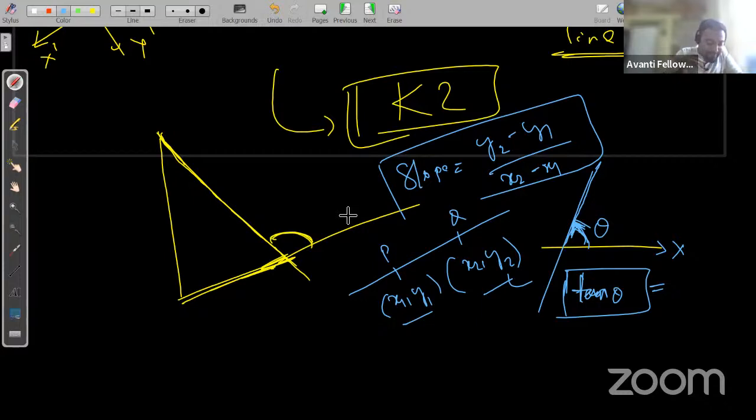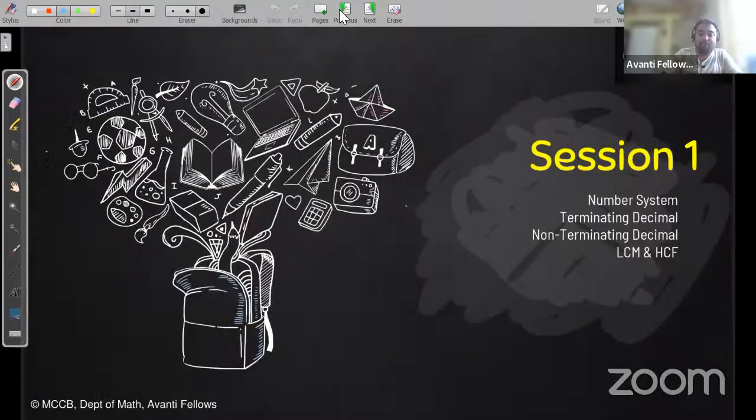Next, we have covered coordinate geometry. Then finally in the seventh portion, we have some miscellaneous concepts we'll cover. Those are some important algebraic identities.